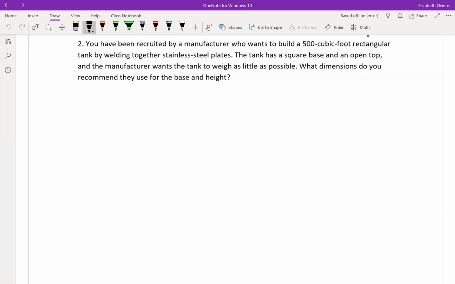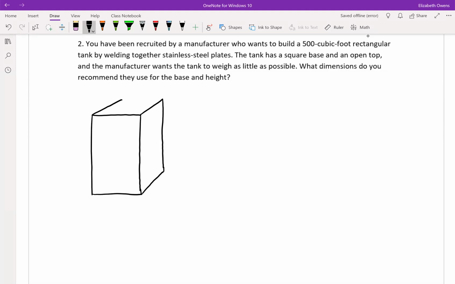All right, so first things first here, we need to sketch our scenario. So we need to draw a rectangular tank. Bust out your art skills and sketch a tank or just some rectangular prism.